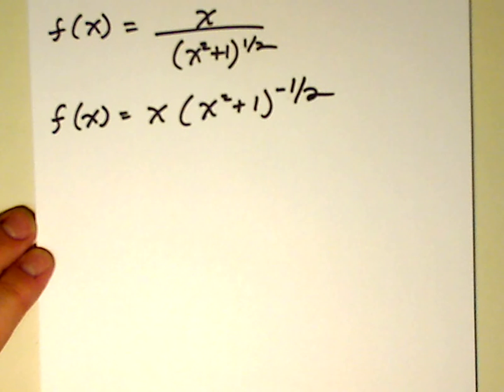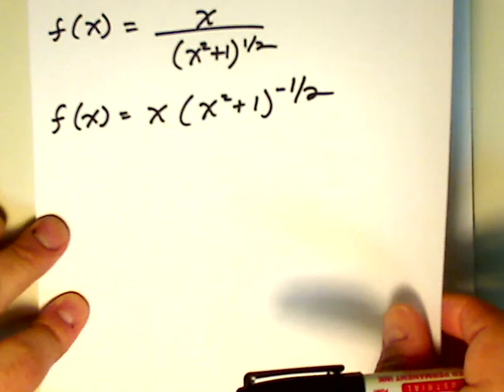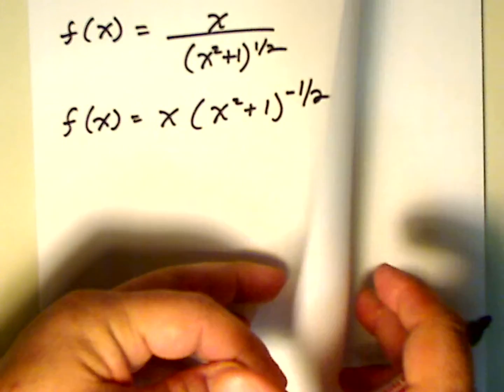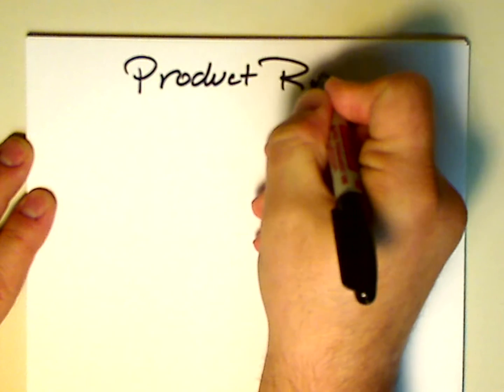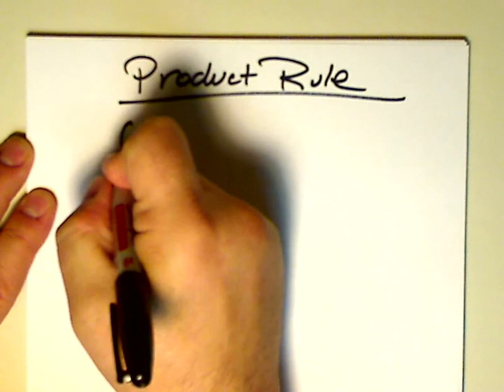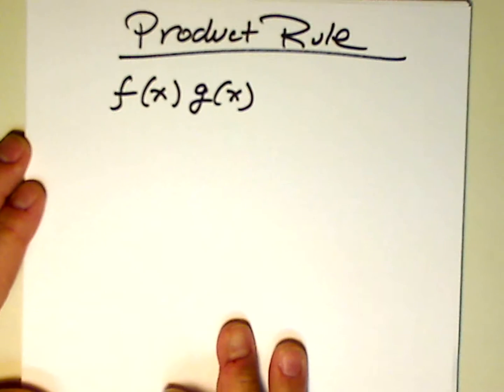Okay, so now I'll review the product rule quickly for you here. Let's write this out. Product rule. We have 2 functions, f of x times g of x.